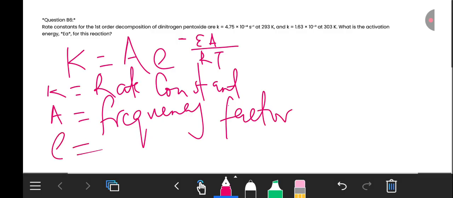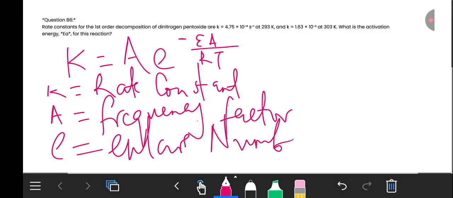The e is Euler's number, and it is equivalent to 2.718.